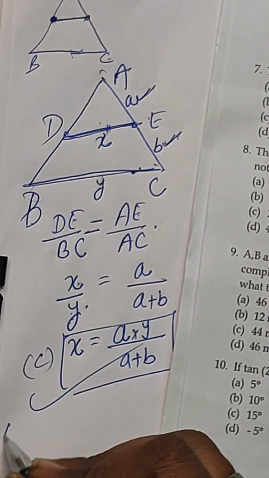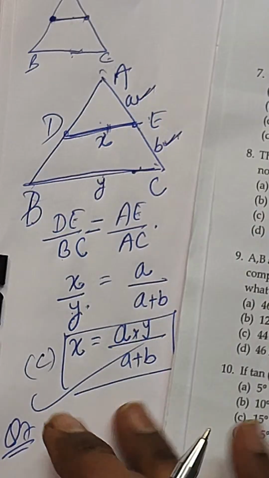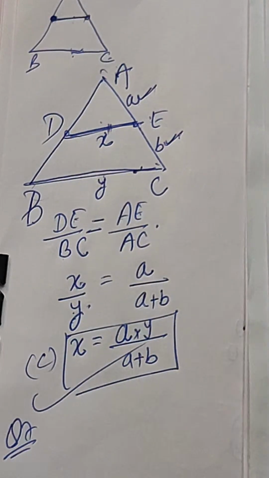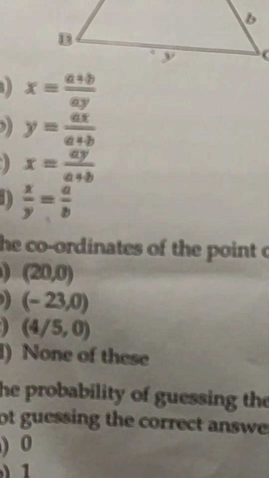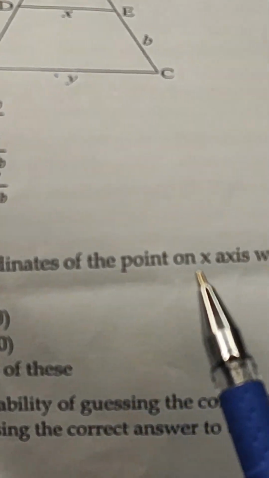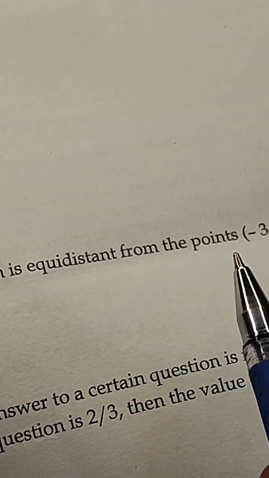Let us see question number 7. There is a point on the x-axis. You can see the coordinates of the point on the x-axis which is equidistant from the points minus 3, 4 and 2, 5.